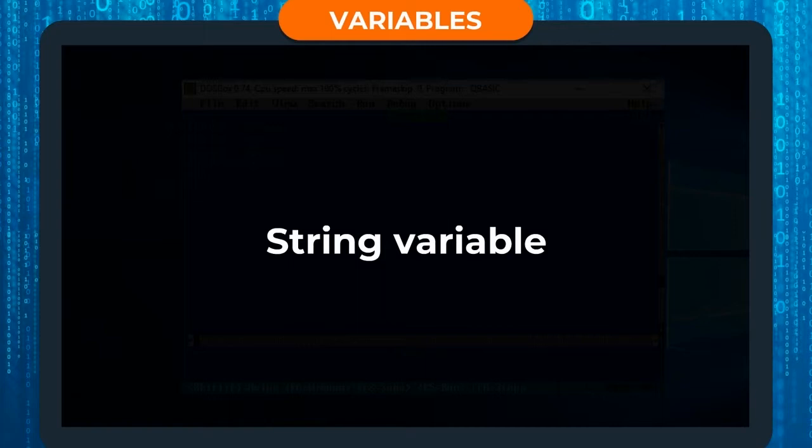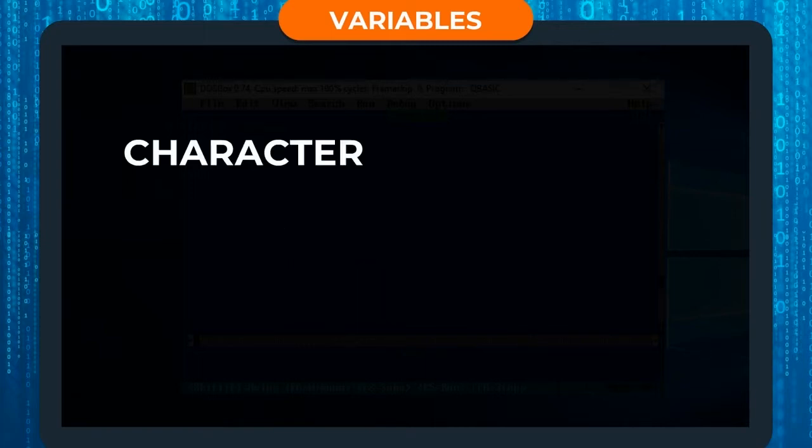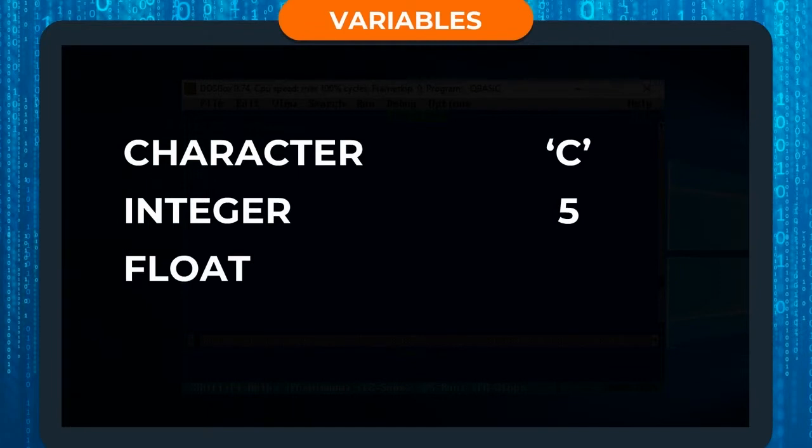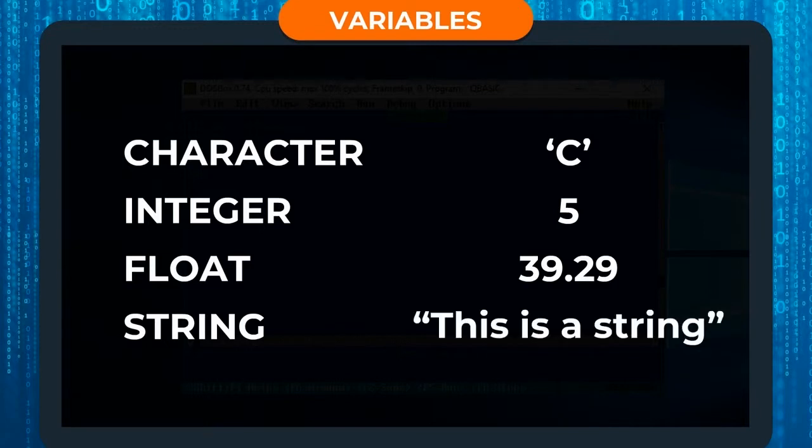Here are some examples of values a variable may contain, which are called data types. Character 'C'. Integer 5. Float 39.29. String "This is a string".